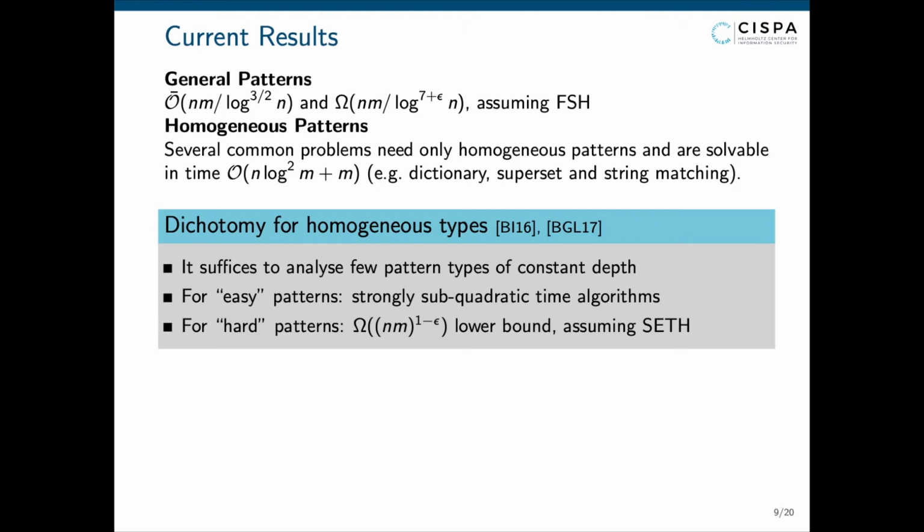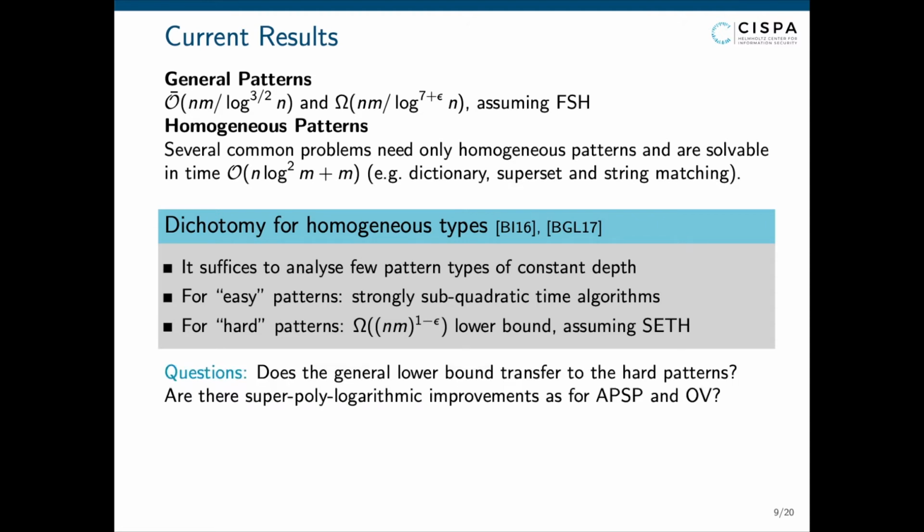Now the natural question is, what about these homogeneous types and the lower bounds for the general patterns? Can we transfer this lower bound we have seen to these homogeneous patterns, or are there maybe improvements for the other pattern types? Is there, for example, a pattern type for which this algorithm is not optimal?